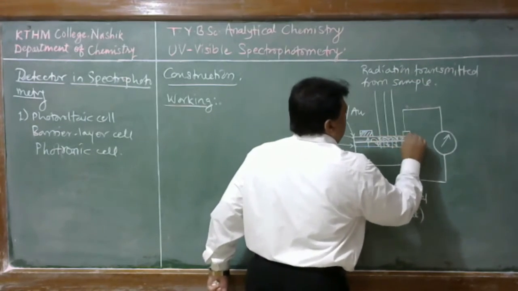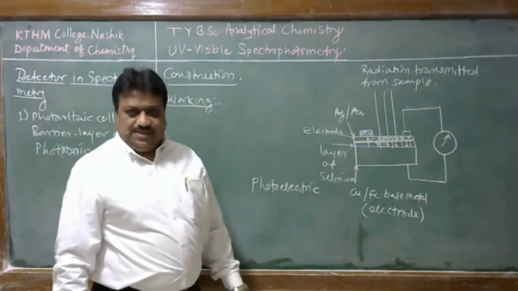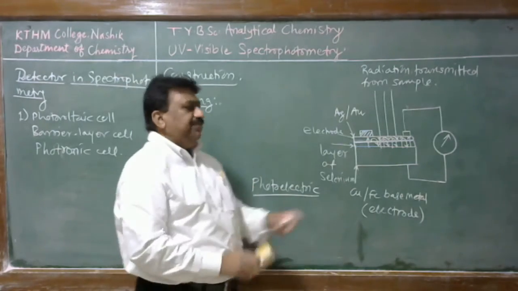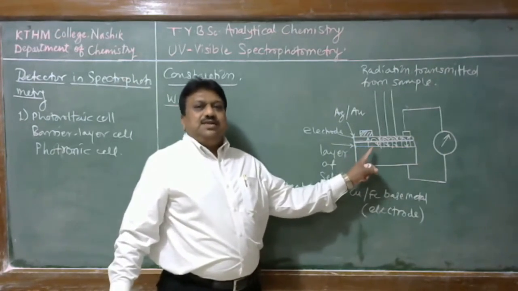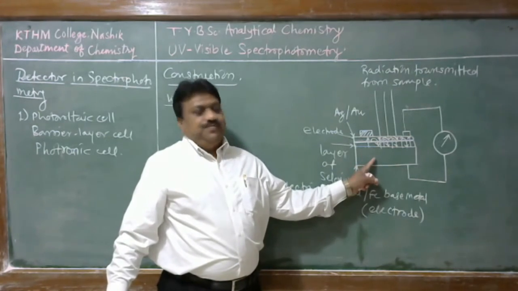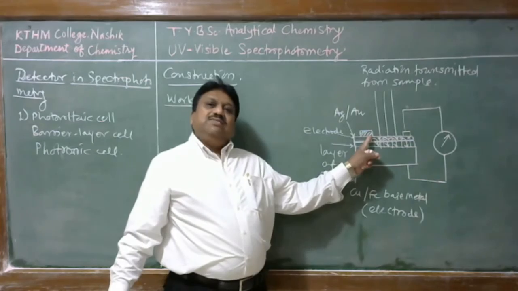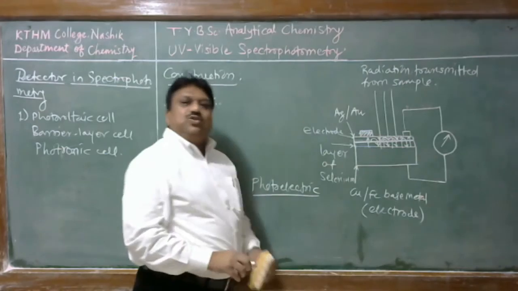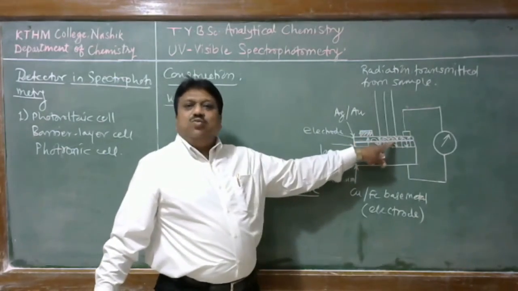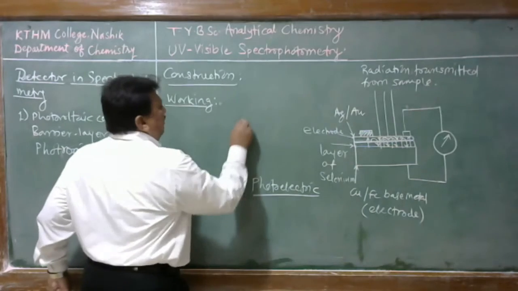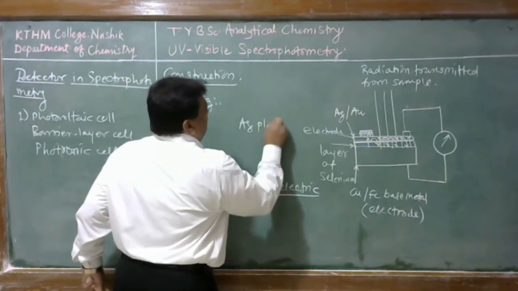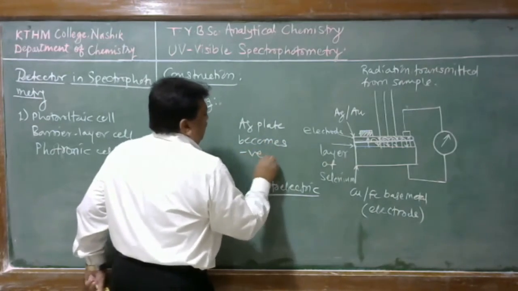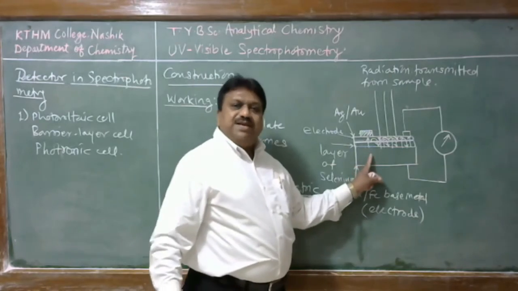and these electrons are attracted towards this silver or gold plate. Therefore, electrons are generated because of photoelectric effect at the interface of silver and selenium. These electrons are collected on silver plate. Here, silver plate acts as an electrode. Therefore, all electrons are accumulated over silver plate. Therefore, this silver plate, or Ag plate, becomes electrically negative with reference to the base metal.